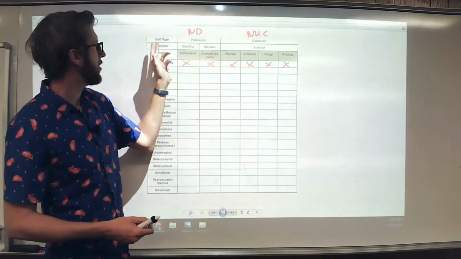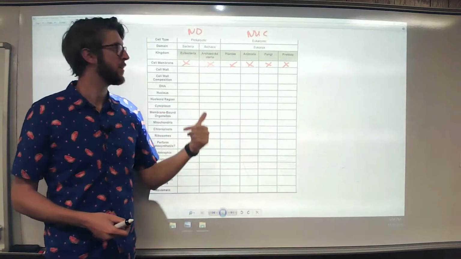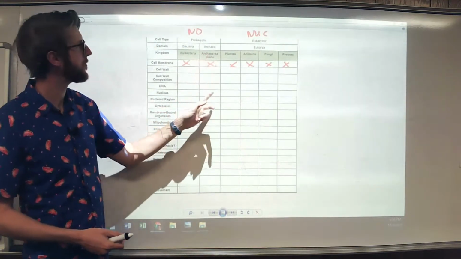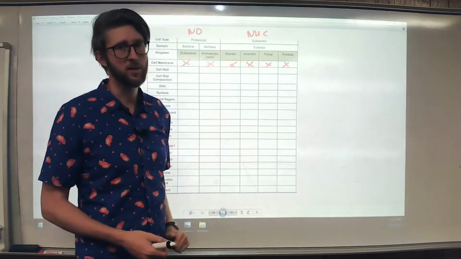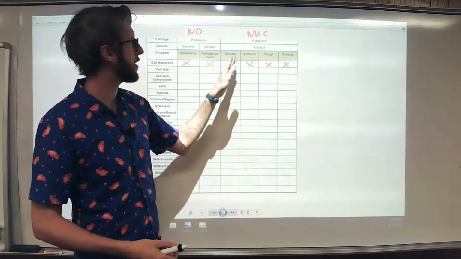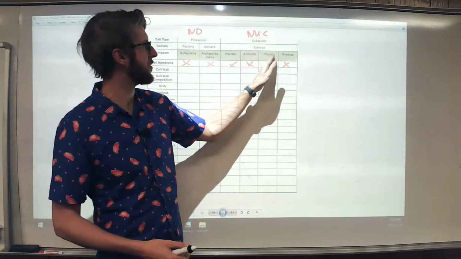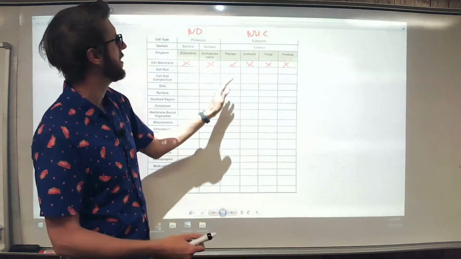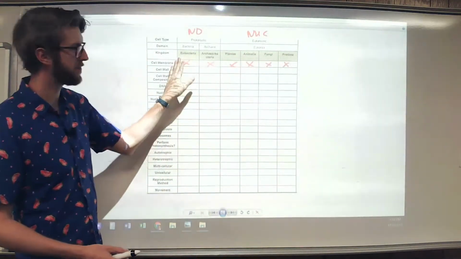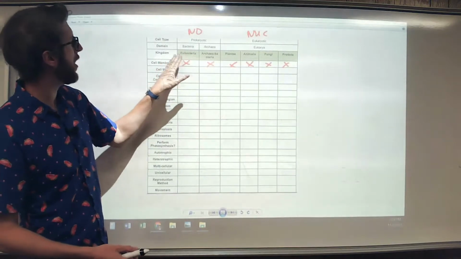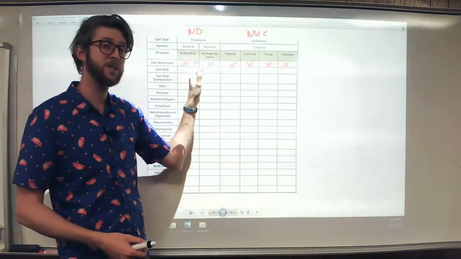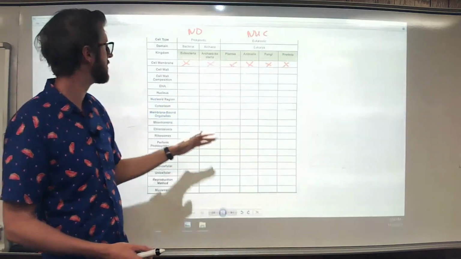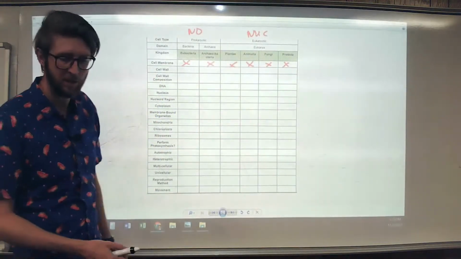In the archaea domain, again, only one kingdom, archaea bacteria. And in the eukarya domain, however, you have four kingdoms: plants, animals, fungi, protists, for a total of 6 kingdoms. All cells in all 6 kingdoms have a cell membrane.